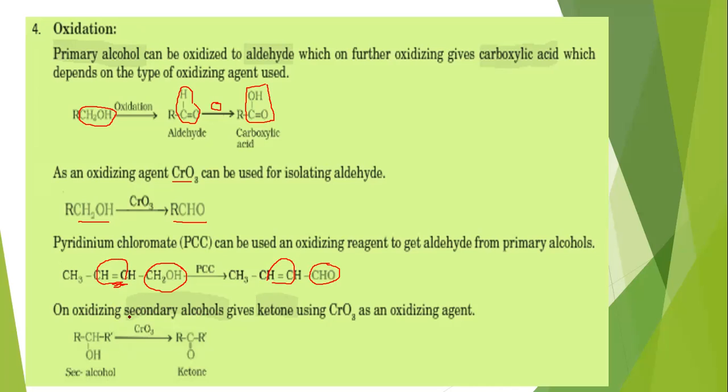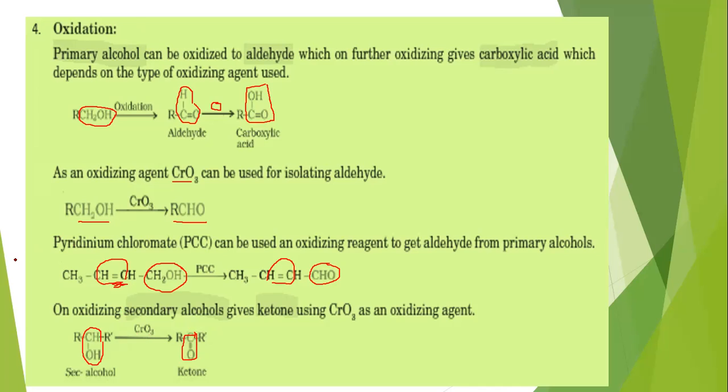On oxidation, secondary alcohols give ketones using CrO3 as an oxidizing agent. Now these are secondary alcohols, so this is the secondary alcoholic functional group CHOH. This group undergoes oxidation to form C=O, that is the ketonic group.